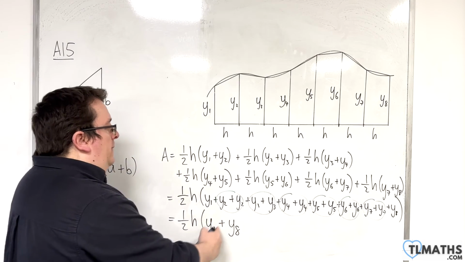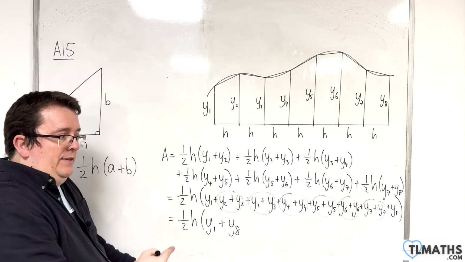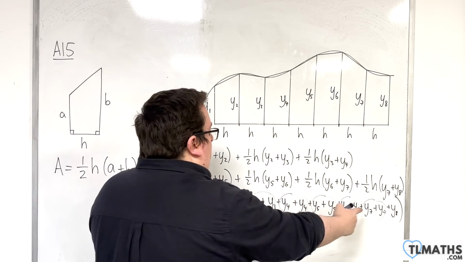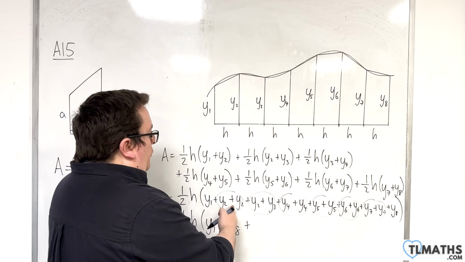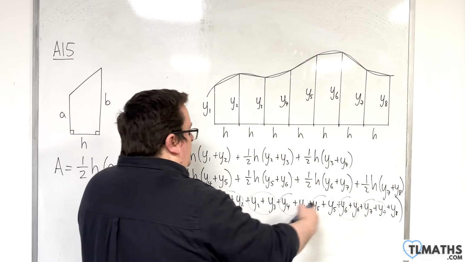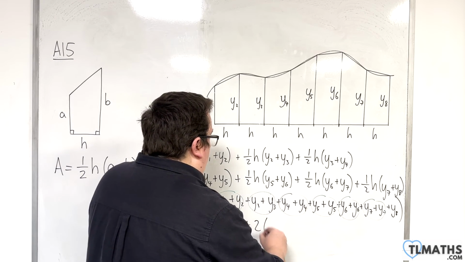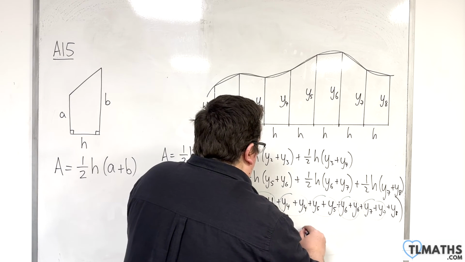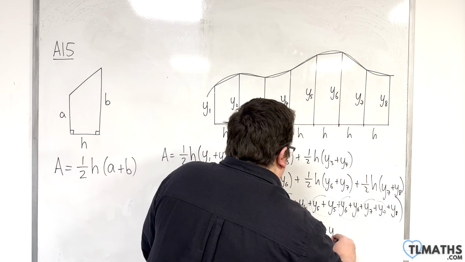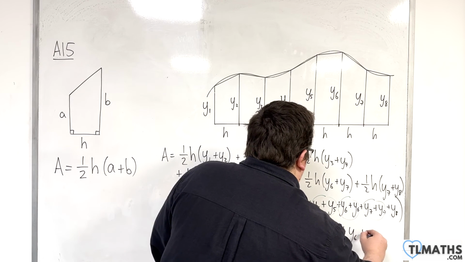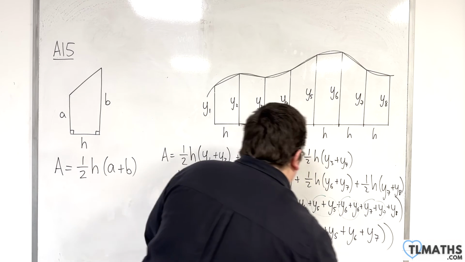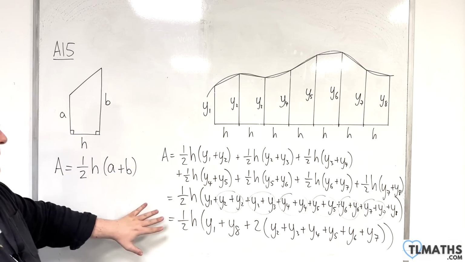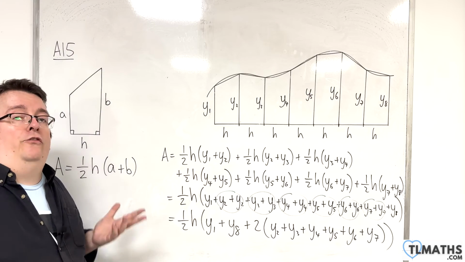So the first one and the last one added together. And then what you've got is all of these have been doubled up. So you've got two lots of y2, two lots of y3, two lots of y4, etc. So two lots of the rest of them. So y2, y3, y4, y5, y6, and y7. And so this is as short as I can get this formula to be.